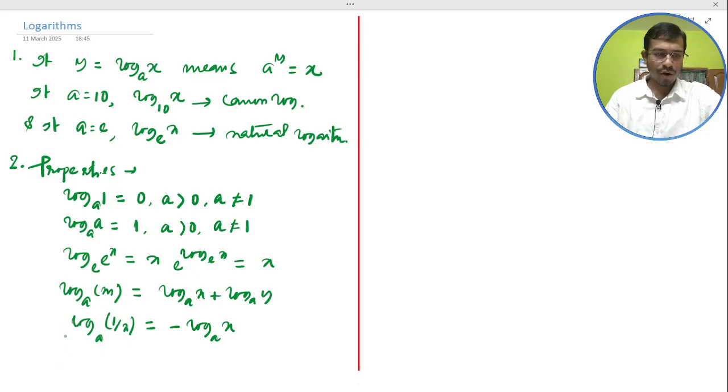Next, log x by y is equal to log x minus log y.